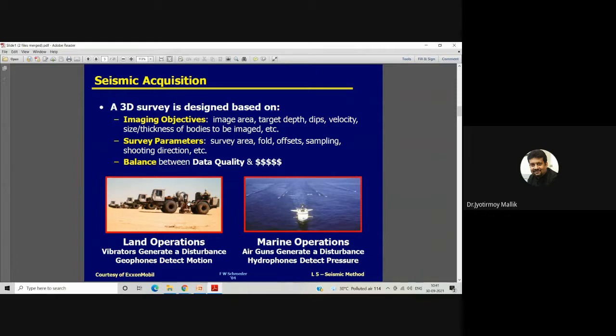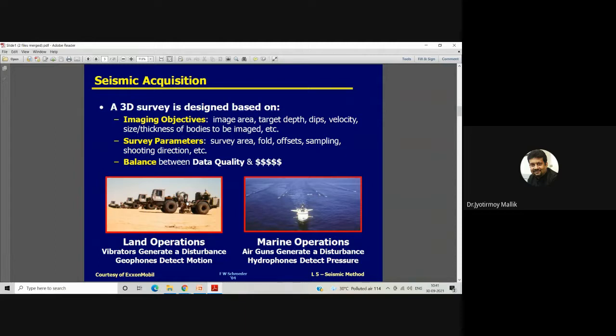When it pounds down the ground, it creates elastic collision. One of the ways of creating elastic collision is that you dig a small hole, put some dynamite and blast it. That creates elastic collision too, but it is a little bit dangerous, as you know, and not very environment friendly as well. So nowadays more people are going towards these vibrators, with large hammers and very large pounding, and then the seismometers are placed at different areas.